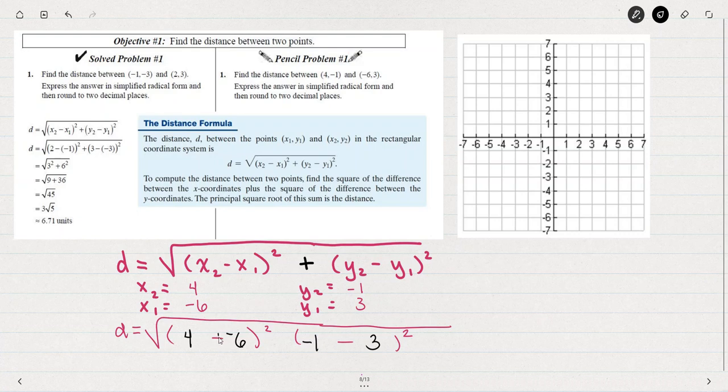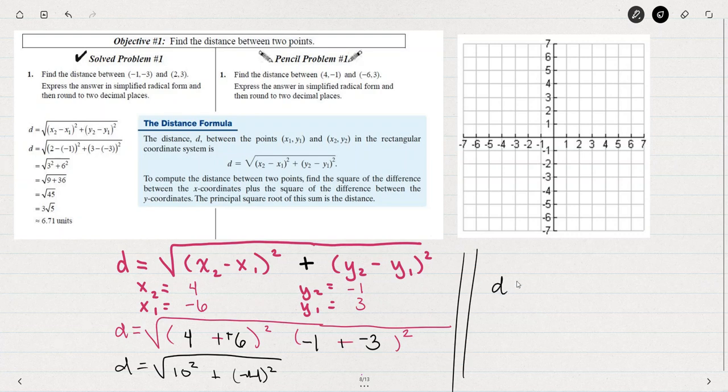I can change the subtracting to adding the opposite. So what do I have now? I've got the square root of 4 plus 6 is 10, so 10 squared. -1 plus -3 is -4, squared.